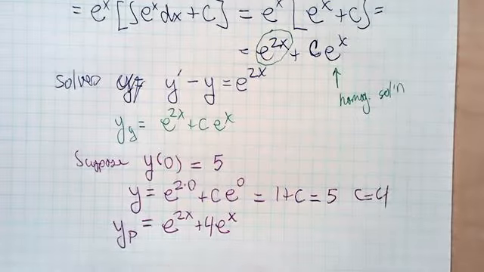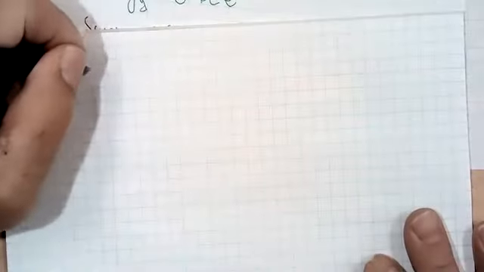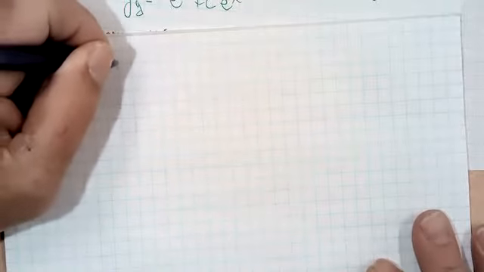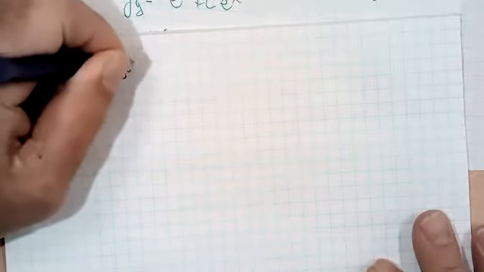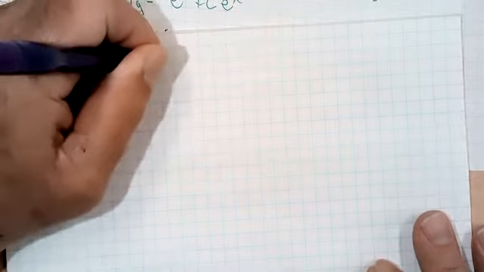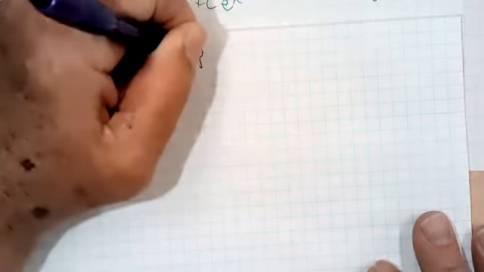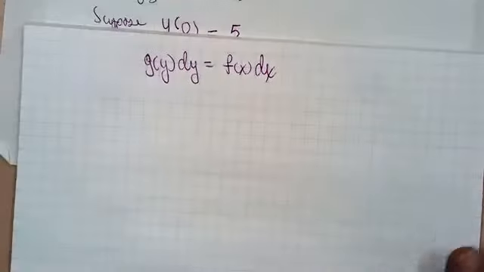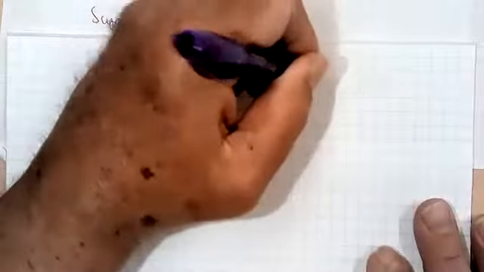Okay, so what we have now is, sort of in summary, a summary of all of differential equations so far for us. If you can get to this, g of y dy equals f of x dx, those kinds of equations are what we call separable.